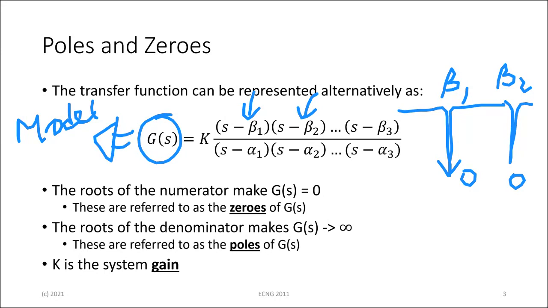I'm trying to use that to refer back to the poles and the zeros, right? So that's what I was trying to ask. Would those jumps be considered the poles and zeros?